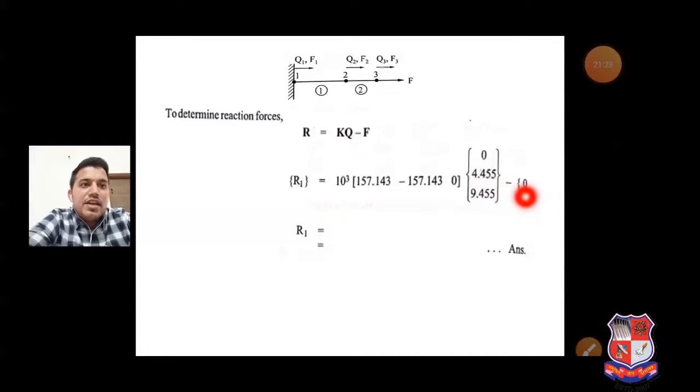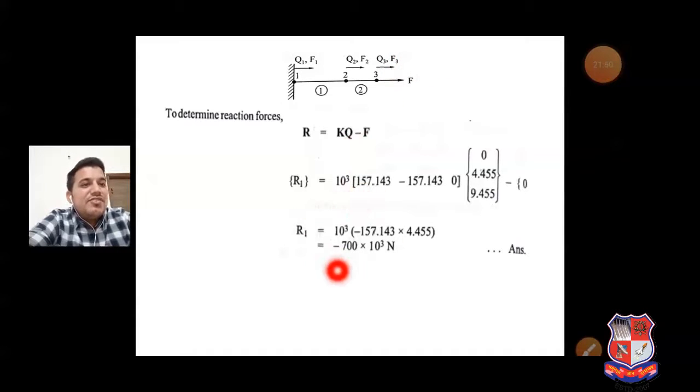F1 is equal to 0. So finally we get the reactive force at node number 1 equal to minus 700 into 10 raised to 3 Newton. It will be equal to the F. We know that F is equal to 700 into 10 raised to 3 Newton.